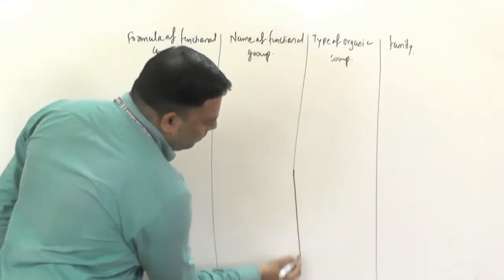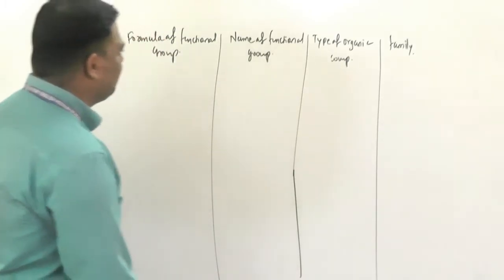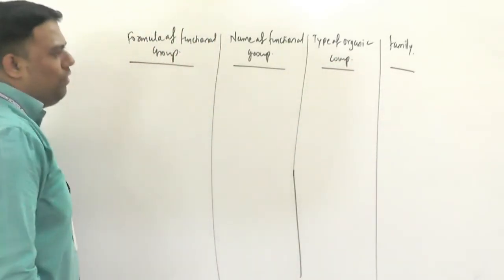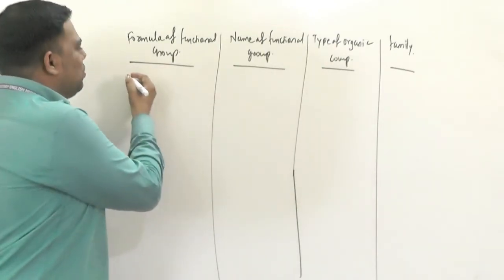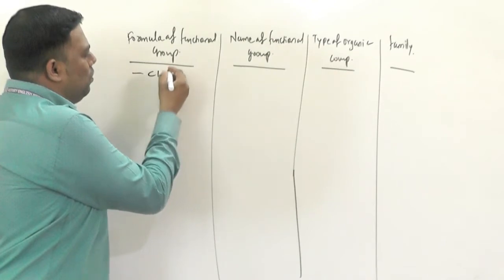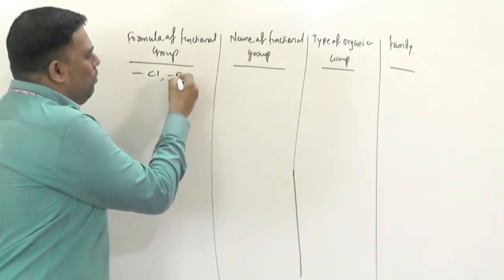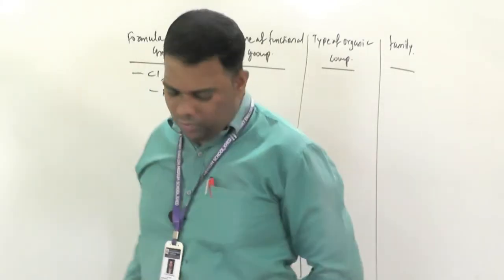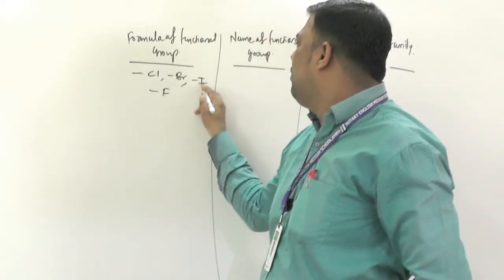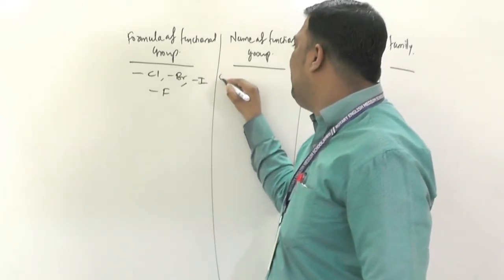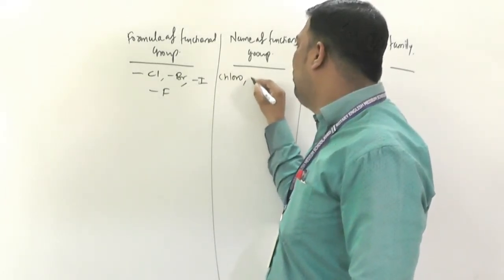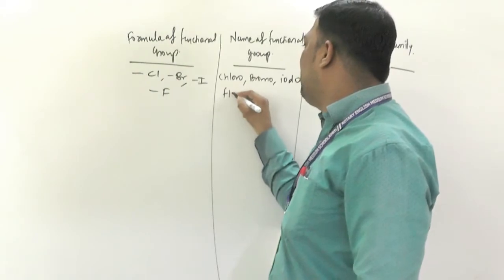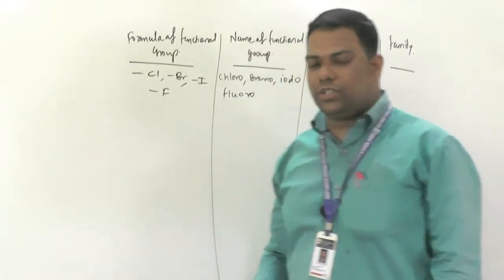First we will discuss halogens. These are chloro, then bromo, then iodo, and fluoro. So the names are chloro, bromo, iodo, and fluoro.